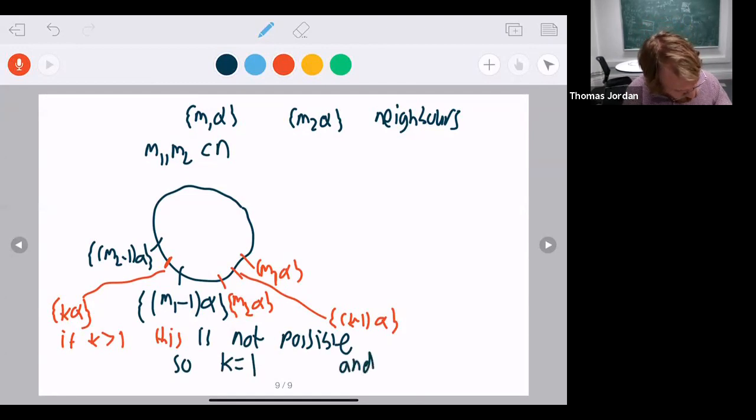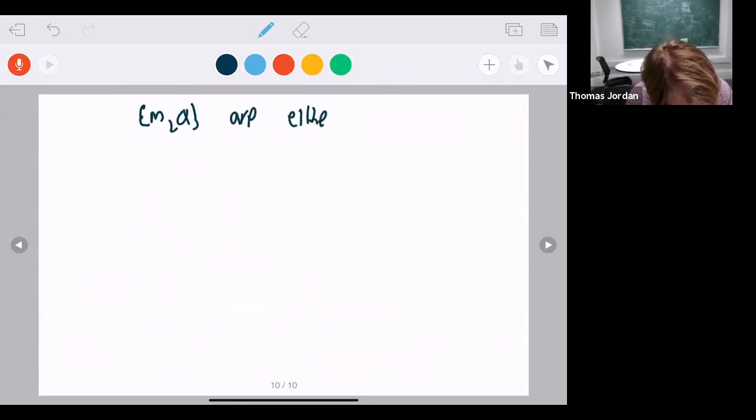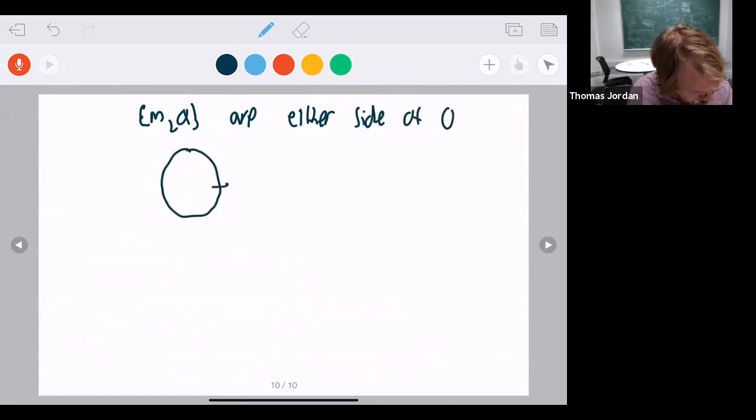And this means that M1 alpha and M2 alpha are either side of 0. So what we've got is 0, here's M1 alpha, here's M2 alpha.